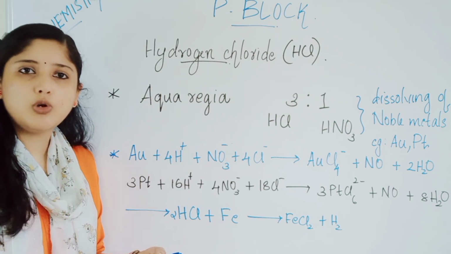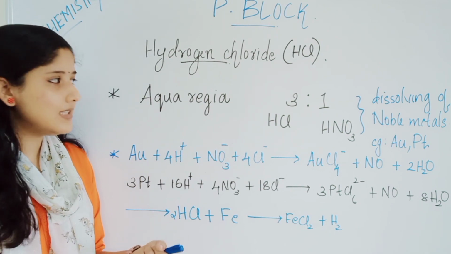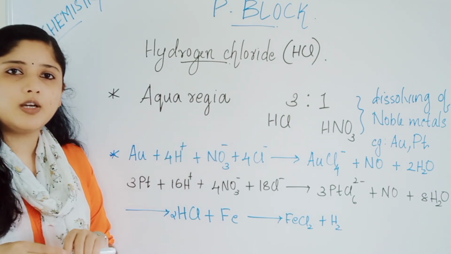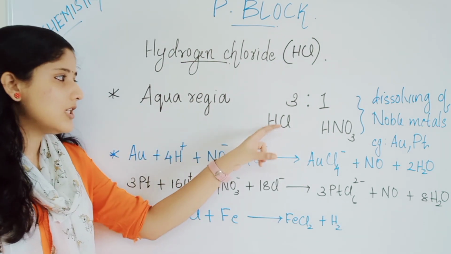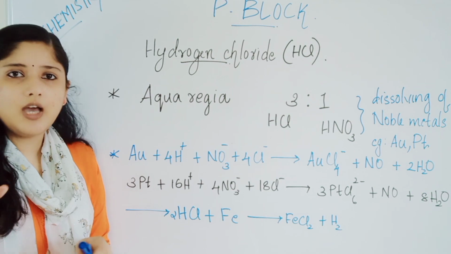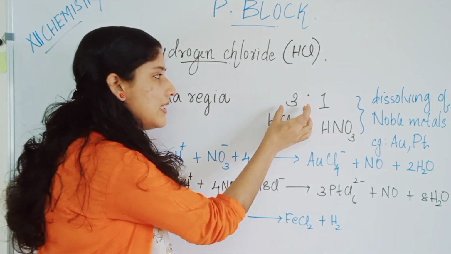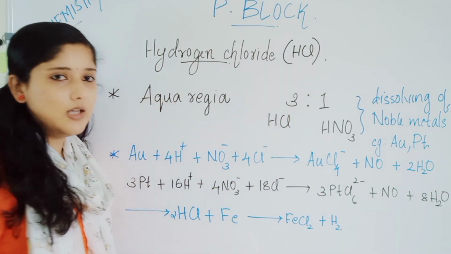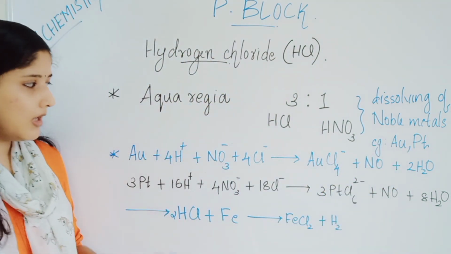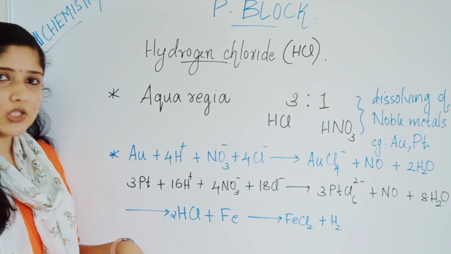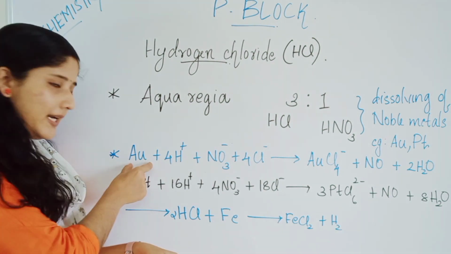You will obtain a solution of that. For dissolving noble metals, we make a solution of HCl and HNO3 in a particular ratio, 3:1. Examples of noble metals are gold and platinum. Now look here at how they are dissolved. Gold metal.